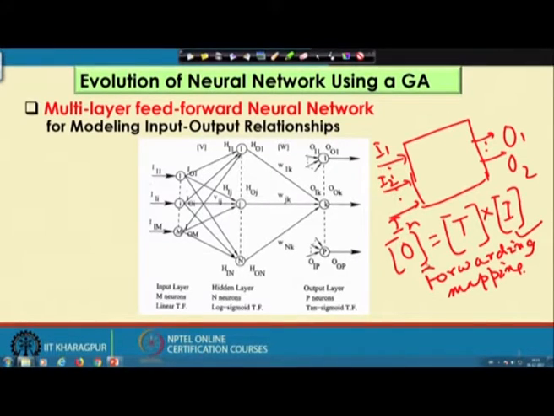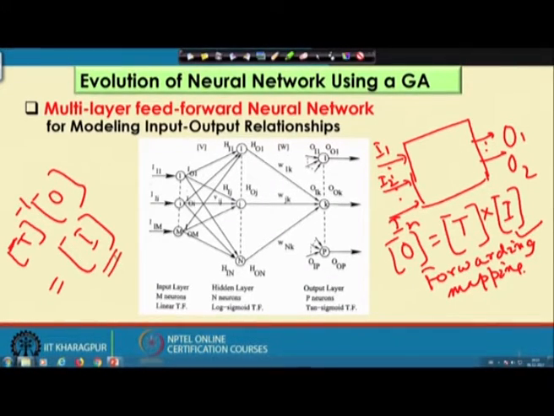To solve this problem, on both the sides I multiply by the inverse of this transformation matrix, that is, T inverse multiplied by O, the output, is nothing but the identity matrix multiplied by I, and that is nothing but I. So, if I know the inverse of this particular transformation matrix, and I multiply it with the output, I will get the input.